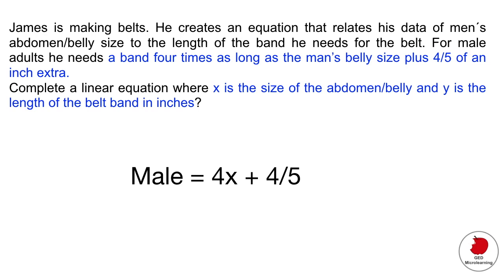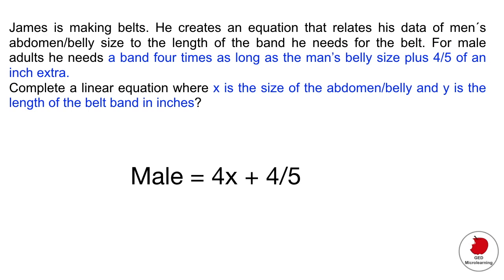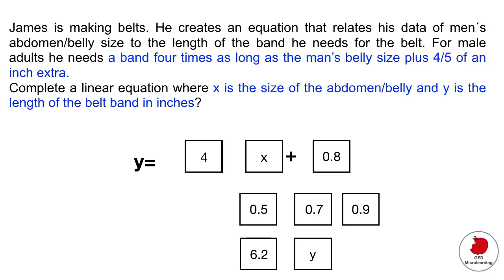Okay, so what we would do is go back to our equation and kind of drag and drop. Notice that we don't have 4/5 in our answer options, so you would divide 4 by 5, and that gives you 0.8. Okay, so that's why the answer, instead of being 4x plus 4/5, it's 4x plus 0.8.